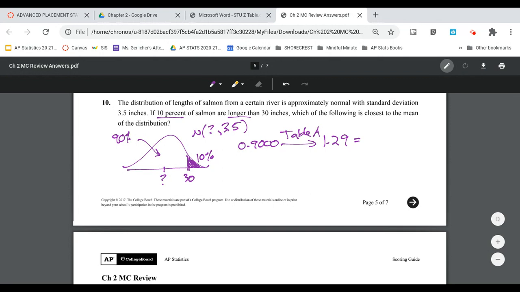I do have my data point. My value is 30. I don't have my mean, so I'm just going to call that x divided by standard deviation, which is 3.5. And now I just do some algebra. So 1.29 times 3.5, 4.515 equals 30 minus x. Different ways you can solve this. I think it's easier to just put x on the other side.